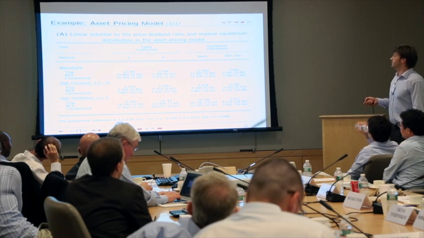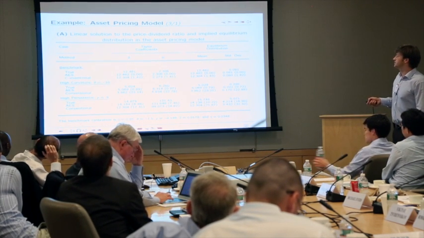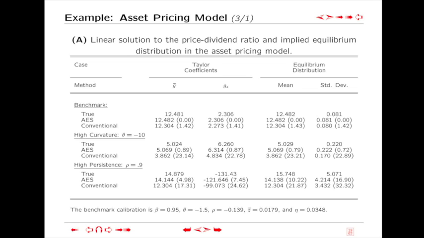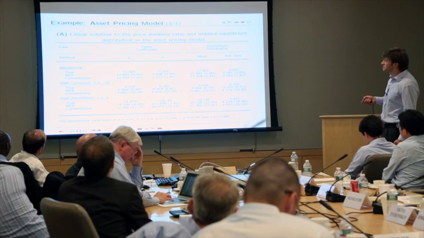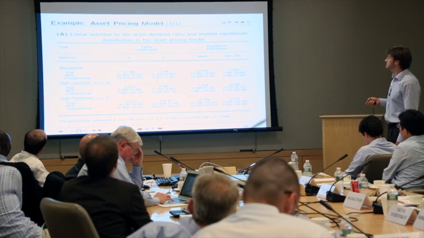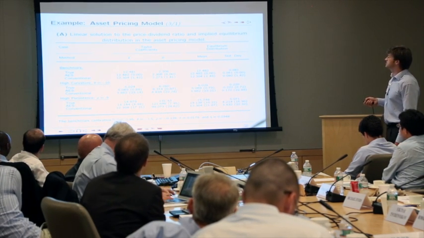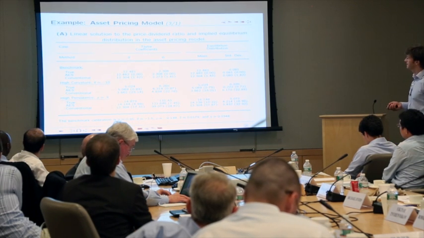So you always get, for different parameterizations, the true value from the exact solution, my value, and the conventional linear one. And in brackets you see the error compared to the exact true value. In the standard benchmark case, I make actually no error relative to the true solution, whereas the conventional approach has an error of 1.4%.